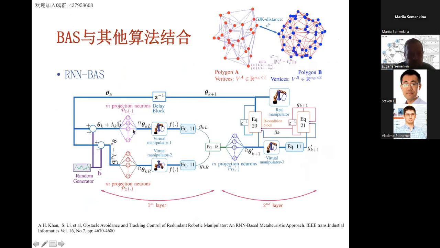This is using beetle antenna search together with the recurrent neural network to control robotic arms. In this application, one unique thing is that it considers obstacles. If there is the presence of obstacles in the space, the path planning problem for a robotic arm is no longer convex.